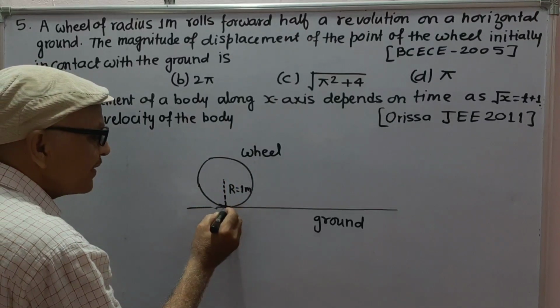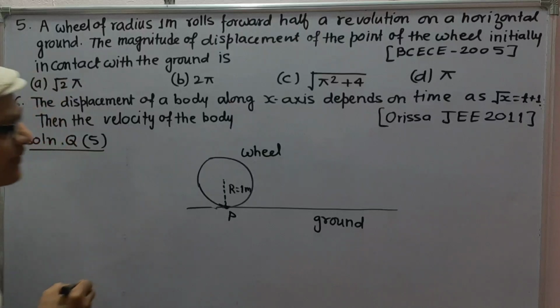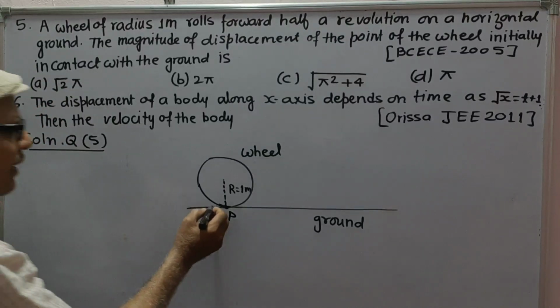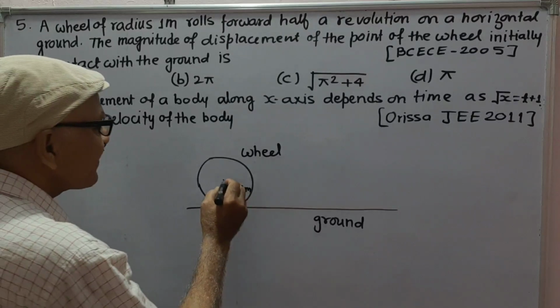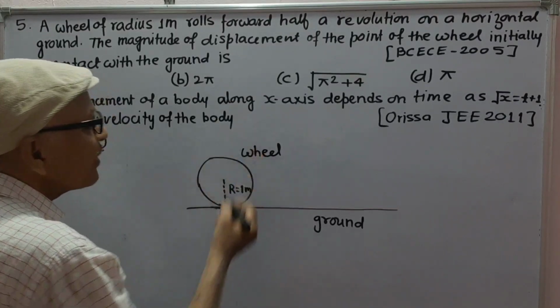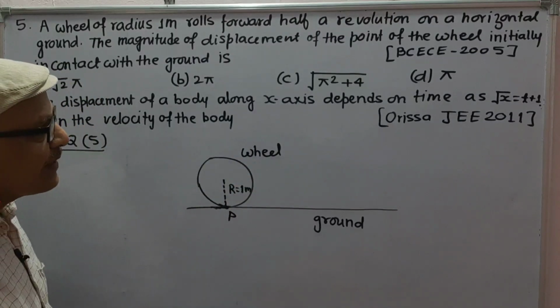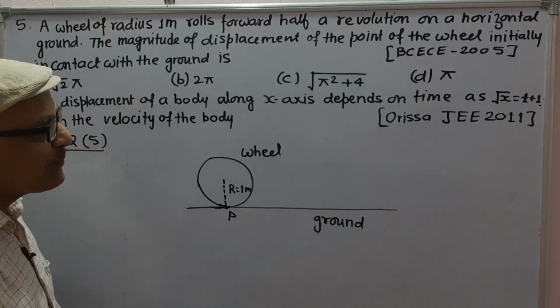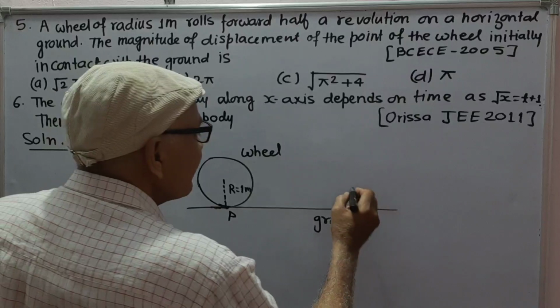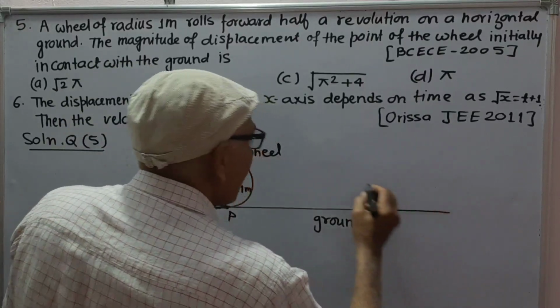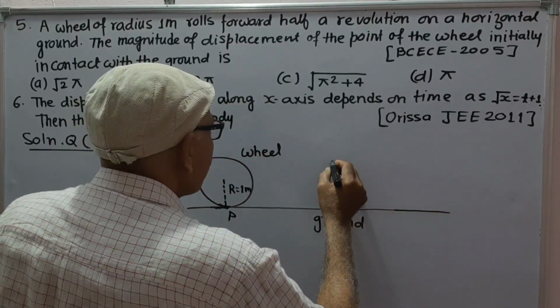This is point P, which is initially in contact with the ground. The wheel rolls forward half a revolution. Half revolution means in full revolution it will complete displacement 2 pi r. Therefore, in half revolution it will complete distance pi r.